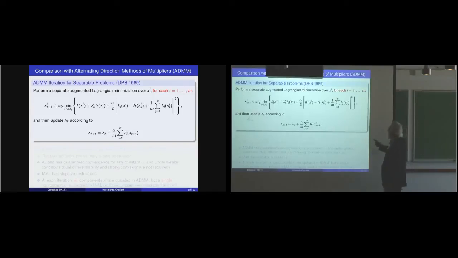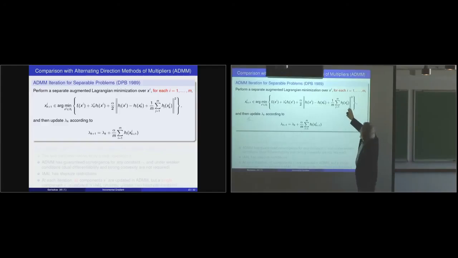It turns out that the ADMM gives you another way, and a very solid way, to decouple the components in separable constraint optimization problems. Here's how it looks. In the context, it involves augmented Lagrangians, and remember that we're minimizing the sum of the f's subject to the sum of the h's being 0.